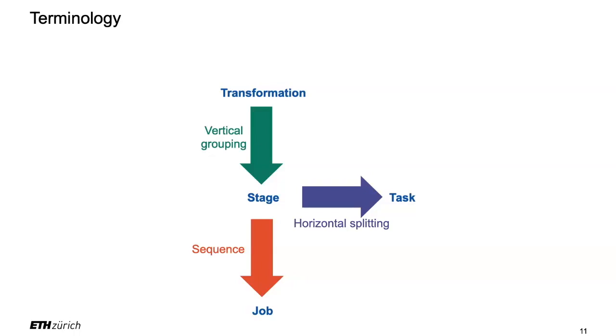So a job, let's call it your final goal when you trigger an action that creates a job. The job is to set up all the computations and get you the outputs that you want. That's the job. That's the overall thing.